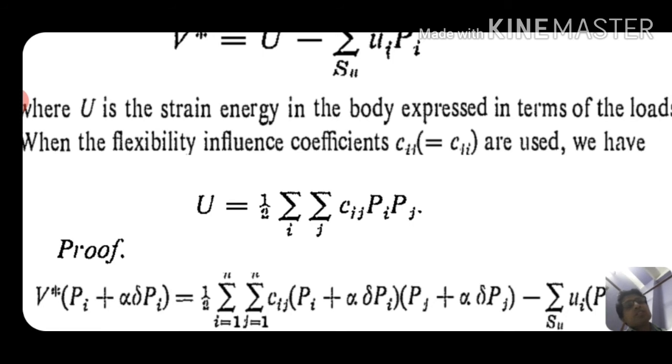All other solutions that satisfy the conditions of equilibrium can be written as Pi plus alpha delta Pi, where alpha is a numerical factor and delta Pi is a set of arbitrary loads satisfying the conditions of equilibrium and the boundary conditions.